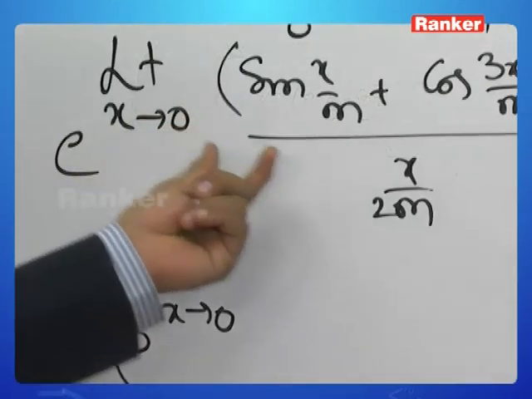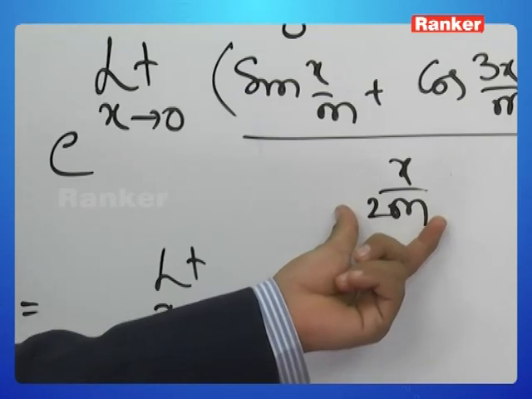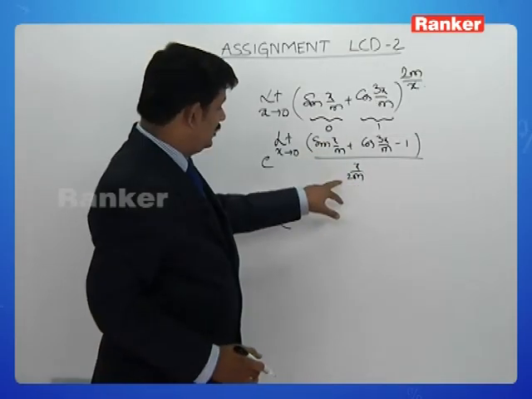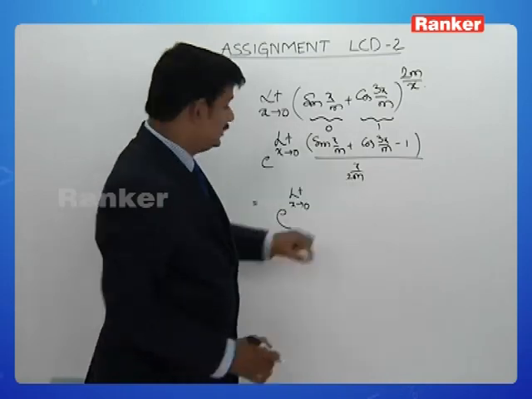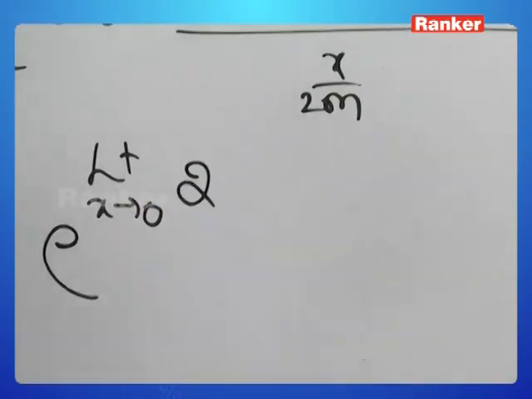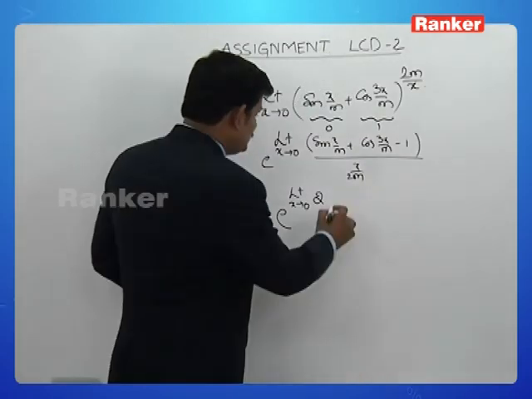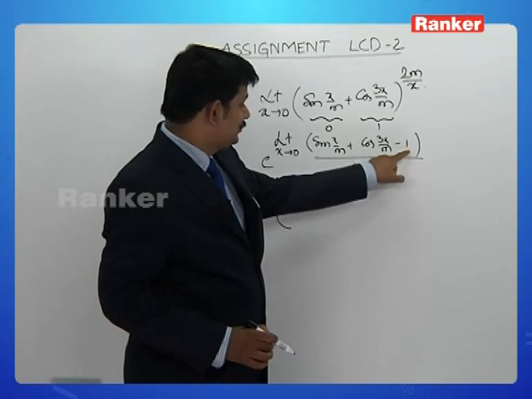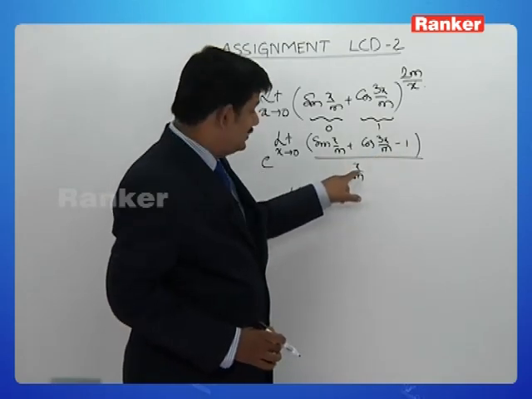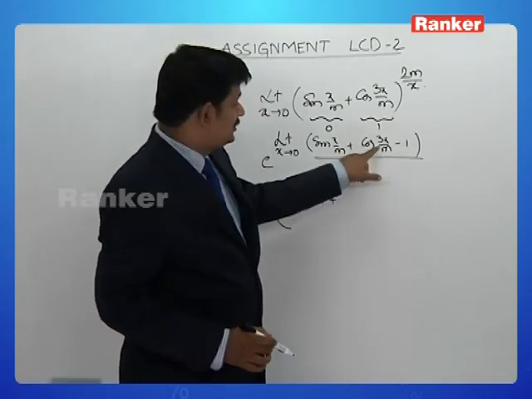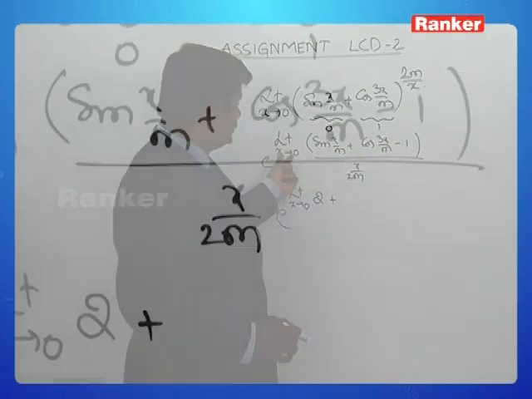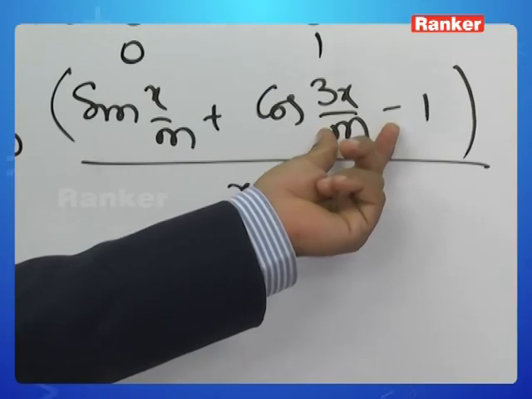We can see as x tends to 0, x by 2m also tends to 0. Sin x by m over x by m is 1, and we have an additional 2 here, which makes this 2, plus cos 3x by m minus 1 divided by x by m. As x tends to 0, 3x by m is tending to 0.